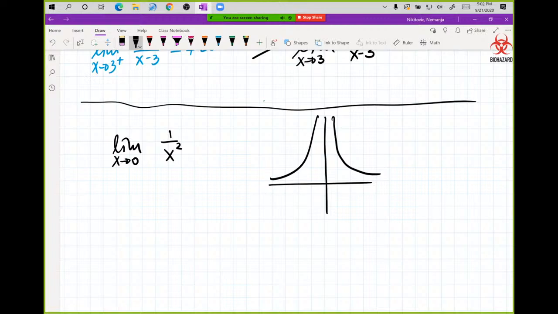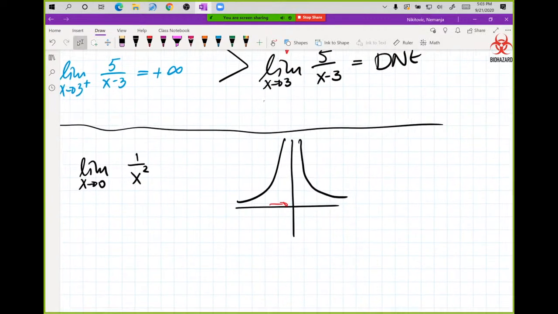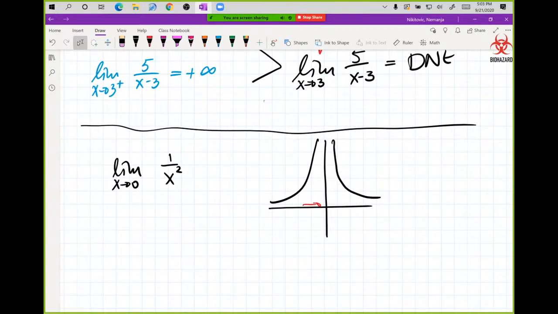If you want to tell me, or you can just wait and then I'll tell you. But you should be able to do the approach on the left, approach on the right. Anyone? That would be positive infinity. Yes. Positive infinity from both sides. That's the graphical approach. Positive infinity from both sides, so the answer is just positive infinity.